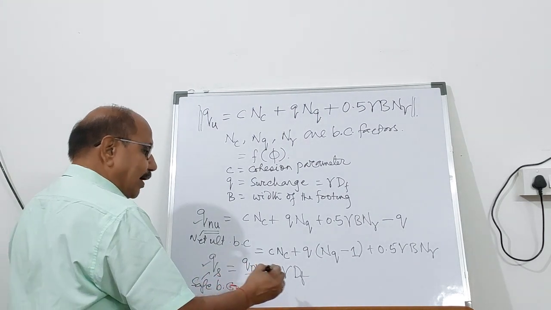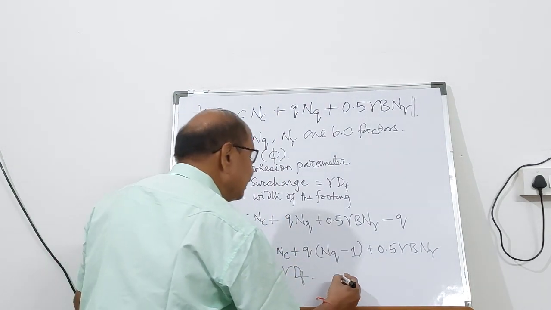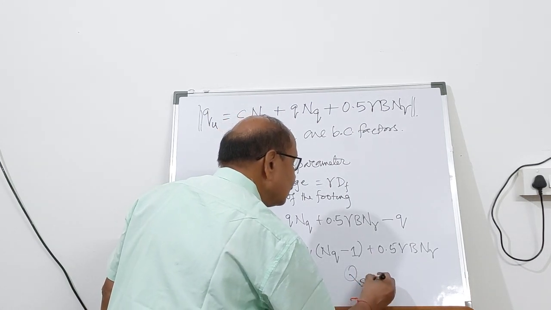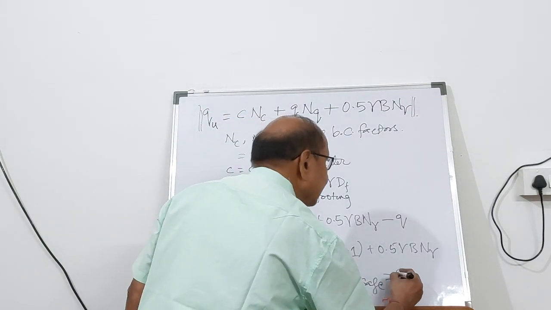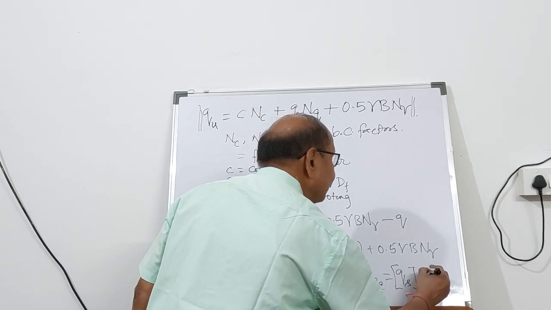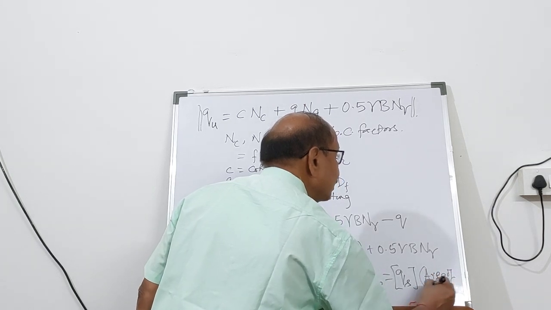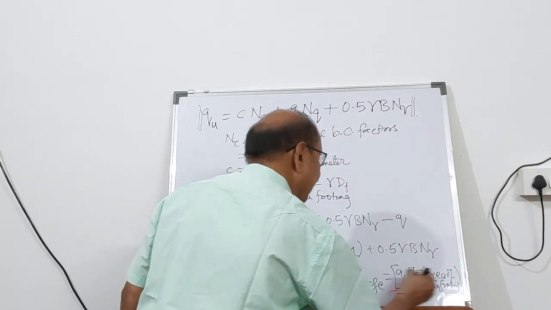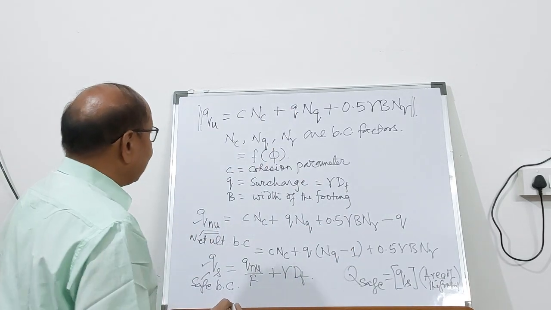And if you know the safe bearing capacity, the safe load that a foundation can carry will depend upon the safe bearing capacity multiplied by the area of the footing. You multiply it, and you know the safe load that your foundation can carry.